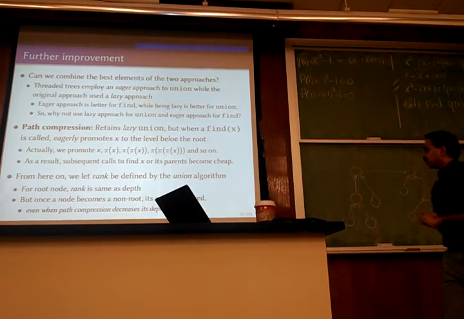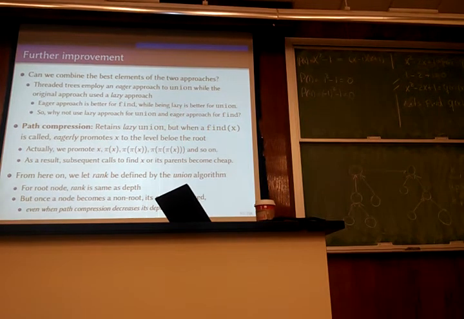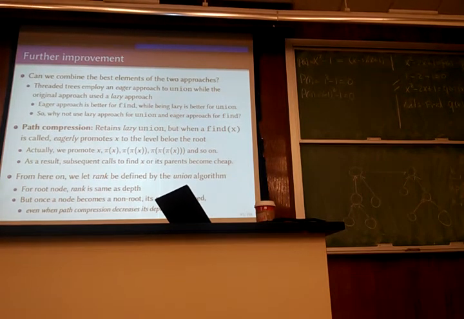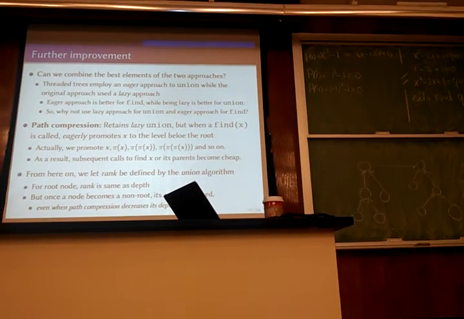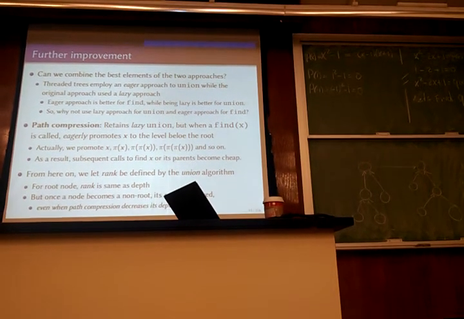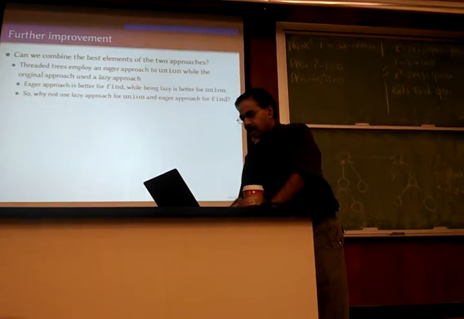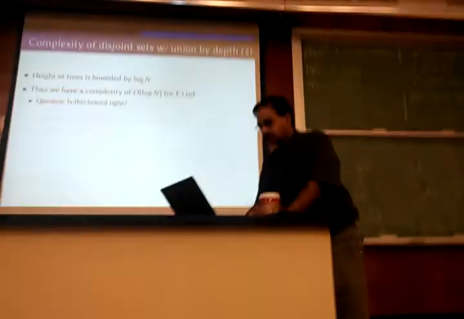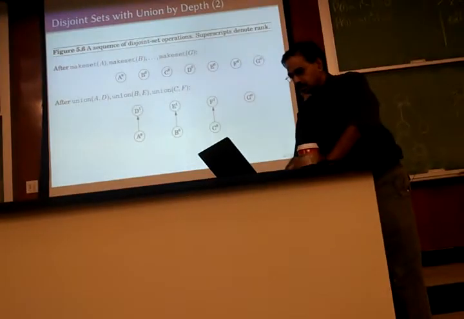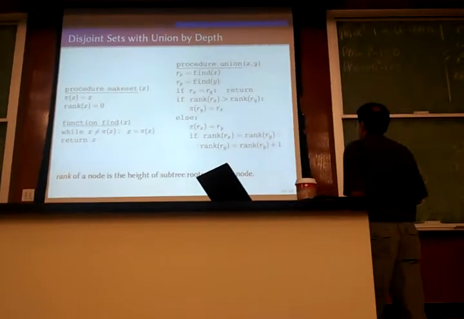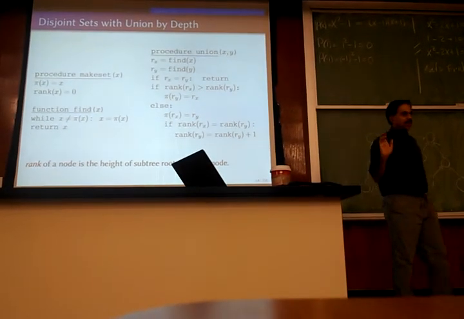From now on, we'll still use the information about rank, but rank is not necessarily the same as depth. Because rank, if you recall, is updated as part of a union.